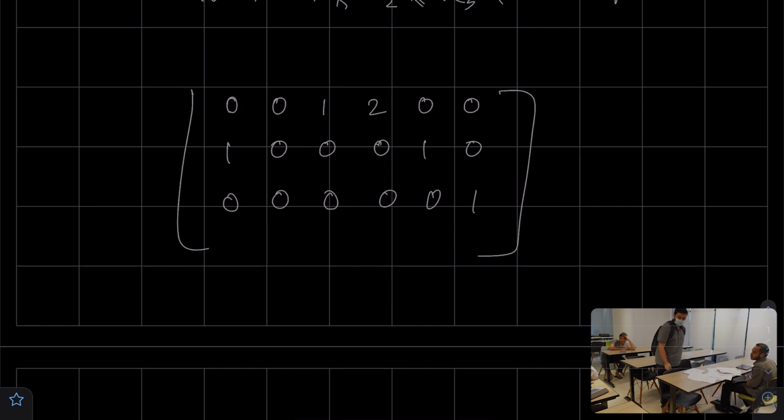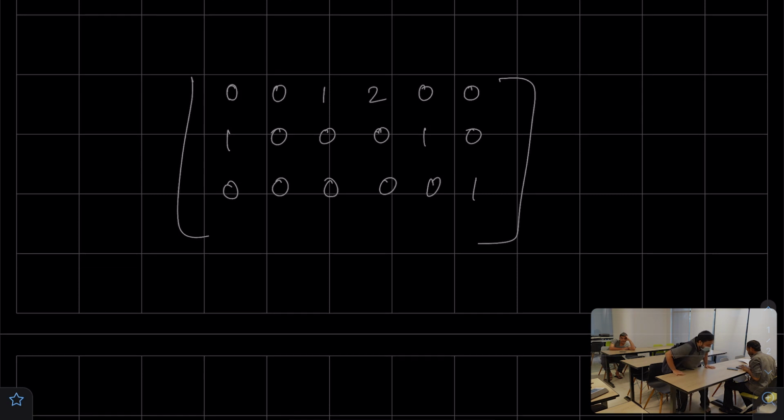This is an example of a row reduced matrix, right? Sorry, we are just discussing the old stuff.